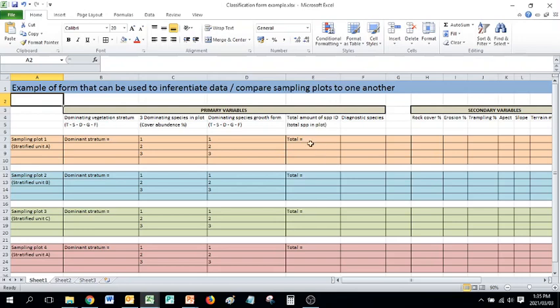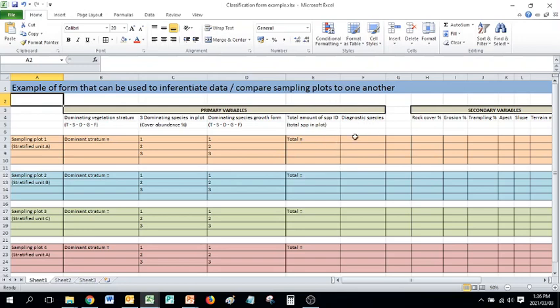If within this plot you identified absolutely every plant species that you could find, then maybe in this plot you got to 25 species, and in this one you only got to 6 species. So yet again, it's a component that can be used to differentiate this one from the other one.